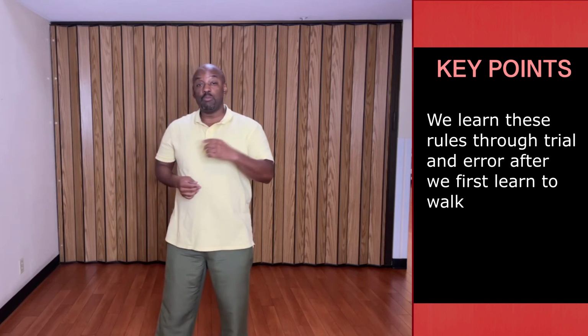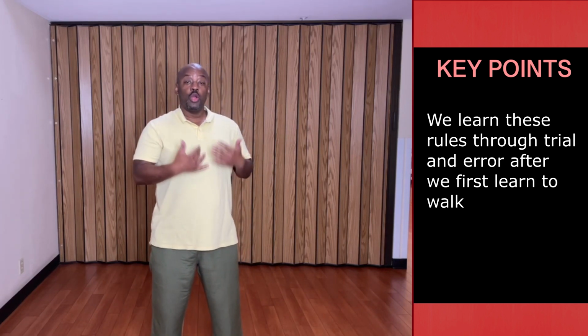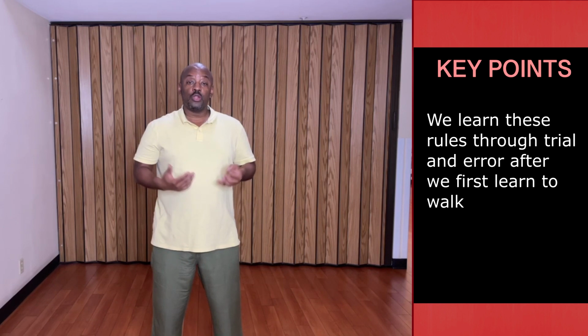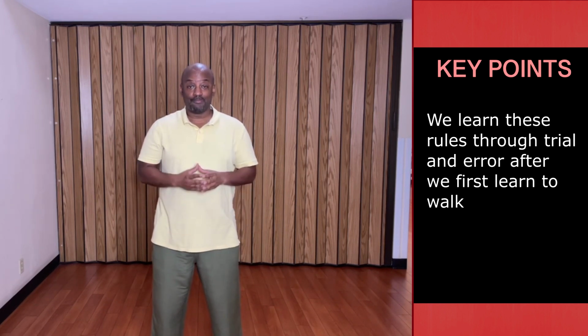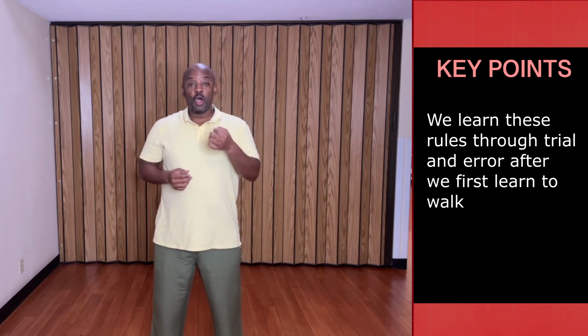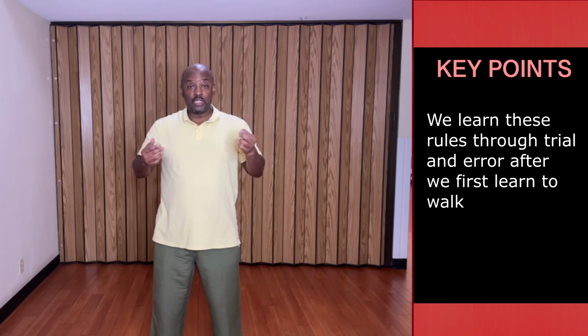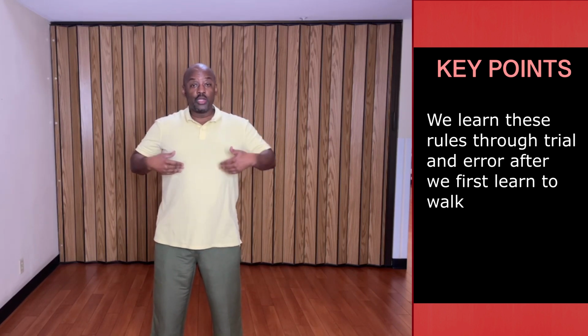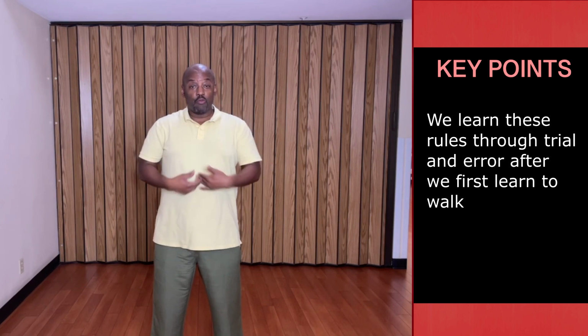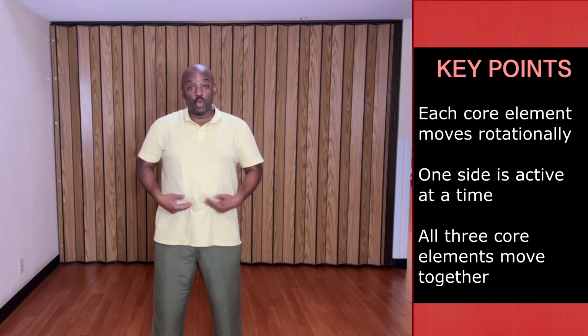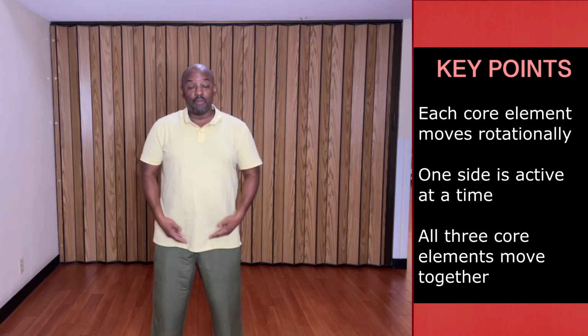And the only way to keep the spine vertical is to apply certain rules of rotation to all three elements of the core. The rules are such: we need to move in a rotational manner, which I've already mentioned, but that means I can only use one side at a time, from my upper core, from my lower core, lower waist, and then from my hips.